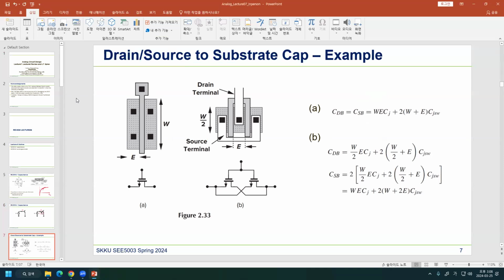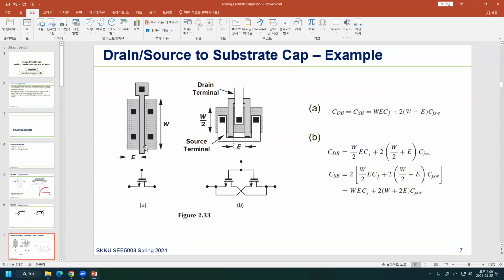The other example I included is because we can reduce capacitance by drawing differently. There are two ways. These two in our layout are the same in terms of schematic.